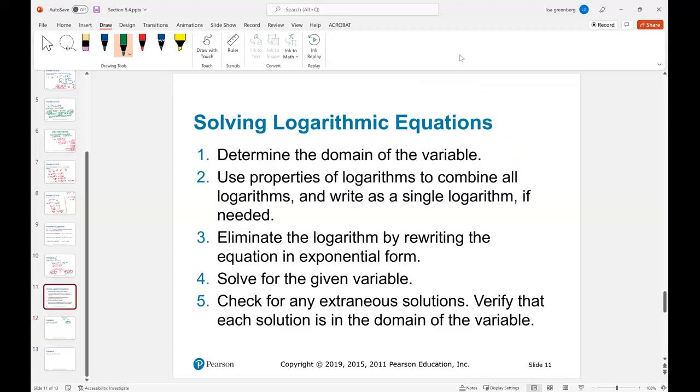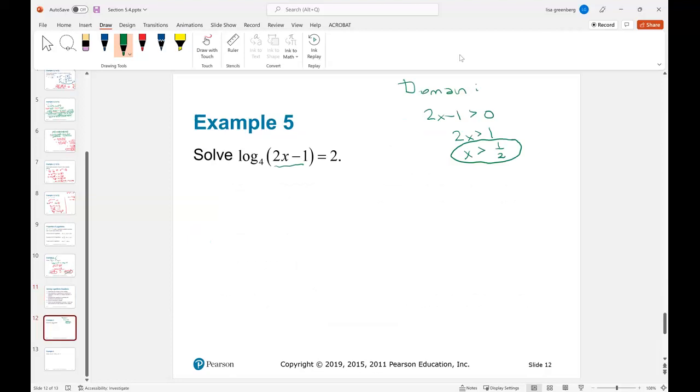Second step, use properties of logs to combine all logarithms. Okay, well, we can use that rule, that little trick, I guess we could say, where we said 4 squared is equal to 2x minus 1.